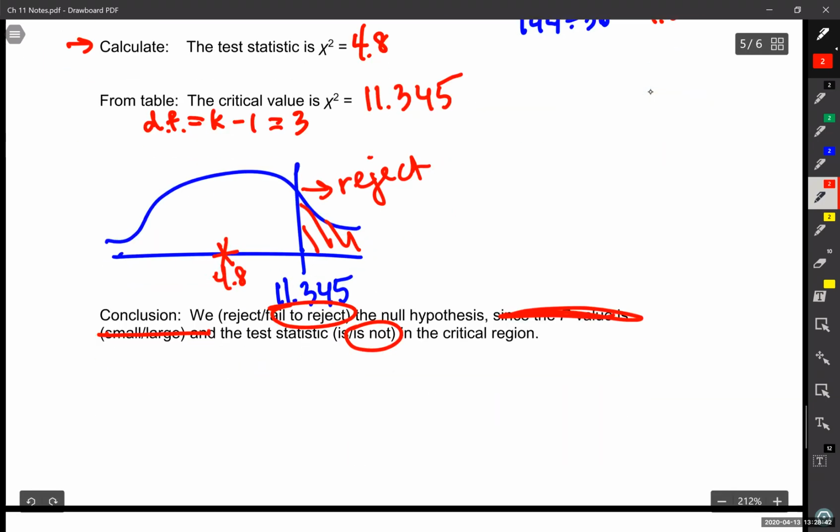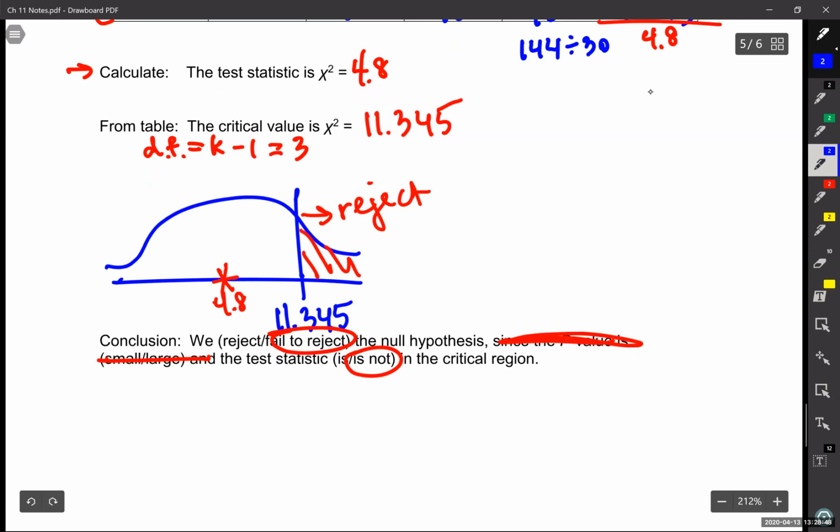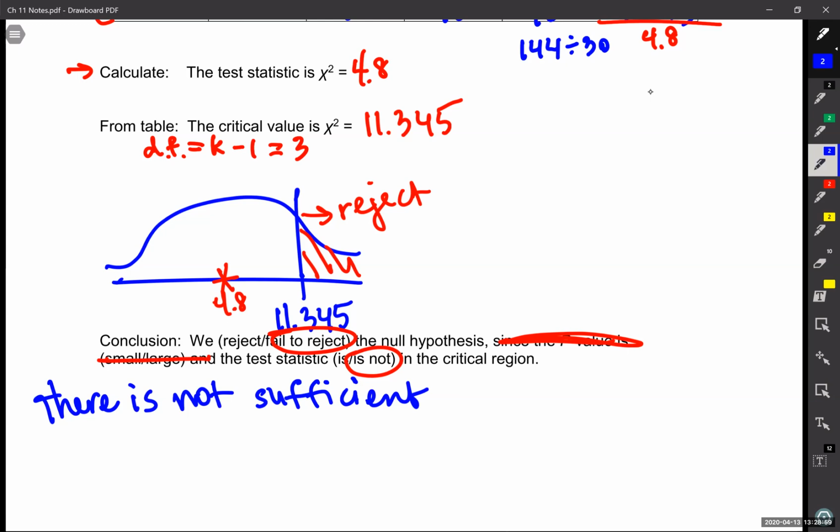We're going to fail to reject this null hypothesis. So there is not sufficient evidence. I cannot reject the null, so therefore I cannot support the claim. There's not sufficient evidence to support the claim.